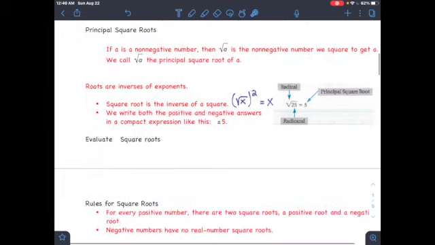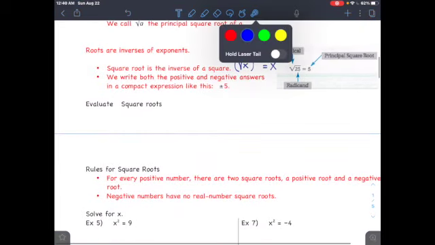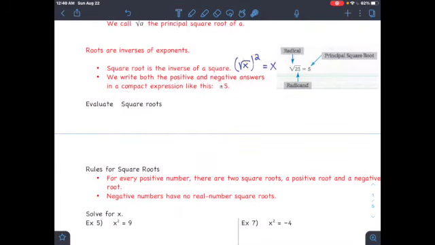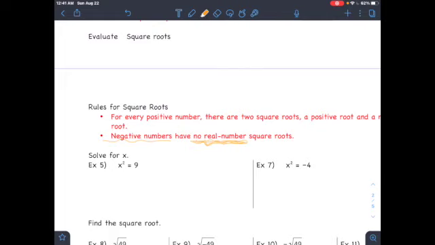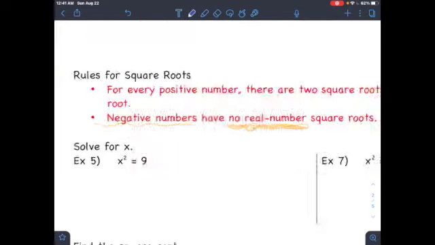Going on to the next thing, we're going to evaluate square roots. Rules for square roots: for every positive number, there are two square roots, a positive root and a negative root, and that's for solving. Negative numbers have no real number square root. So what we're going to do is solve the next equation.